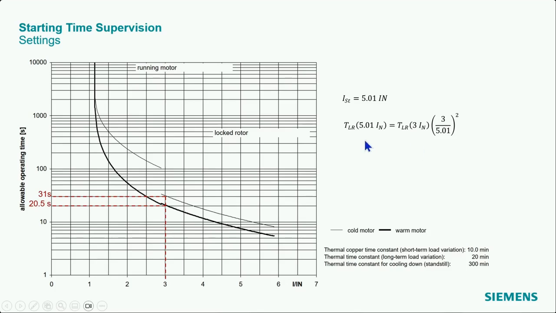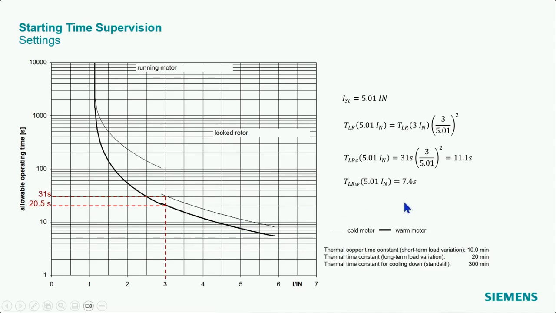And then I get a time which is of course shorter because the denominator is bigger. That means I go down this line and then I'm at this point here, and if I make that calculation, I come to 11 seconds. So this here would be 11 seconds.